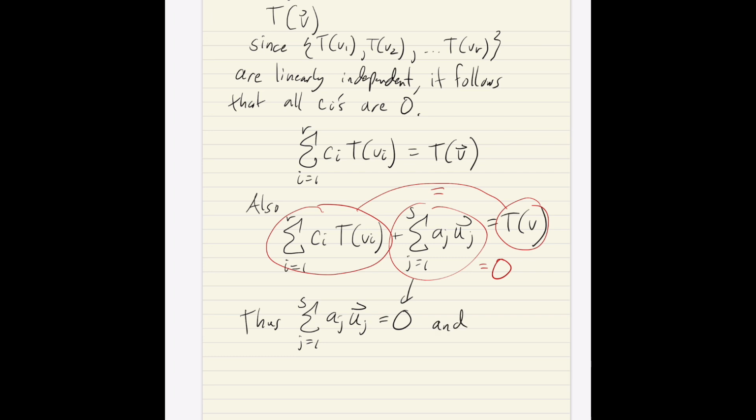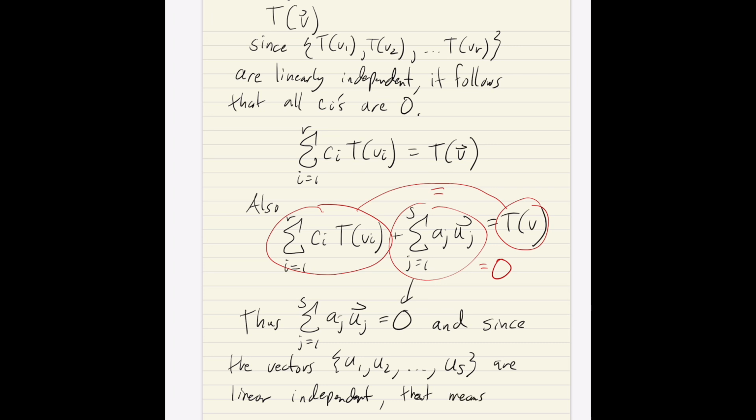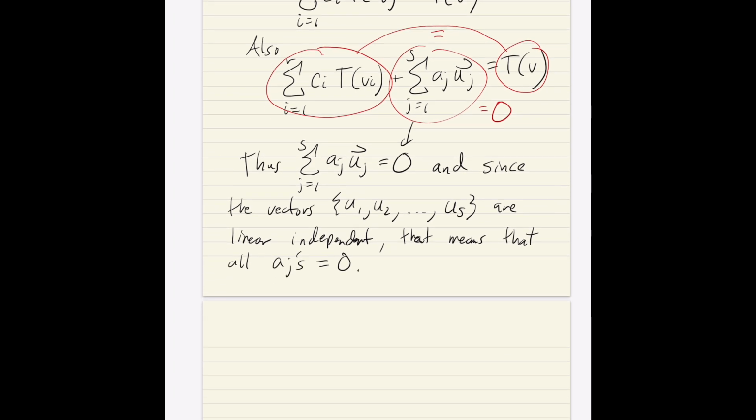And as we defined earlier, since the vectors u1, u2, all the way to us are linearly independent, that means that all of the aj's must be equal to 0. So what have we just proved?